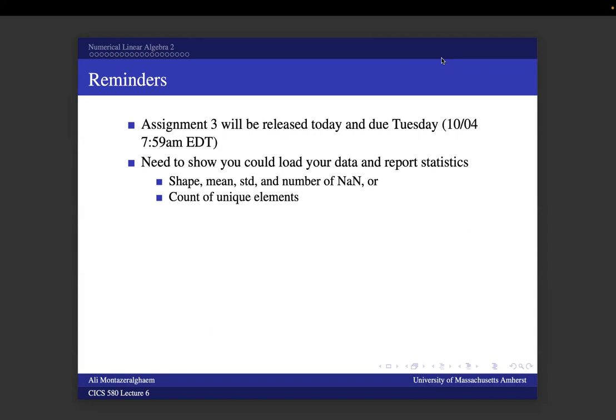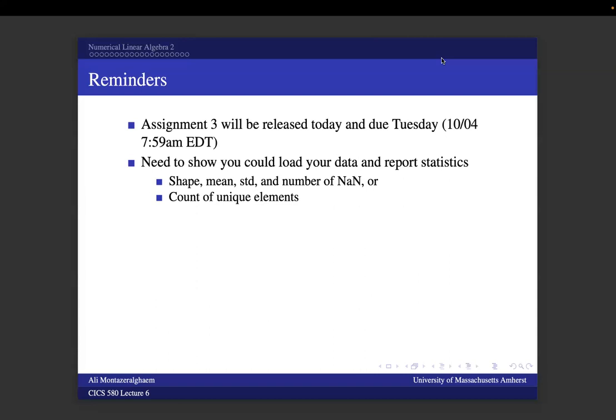And for the next step of the project, you need to load your data and report some statistics about your data. For example, if you have a column of numbers in your data, you can report shape, mean, standard deviation, or number of NaNs in your data, or you can just report the count of unique elements that you have in the data set.